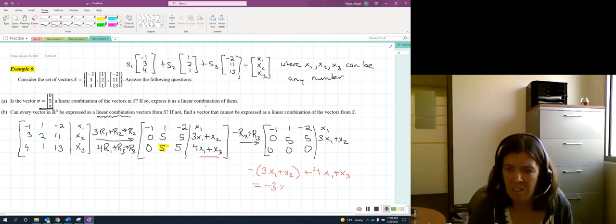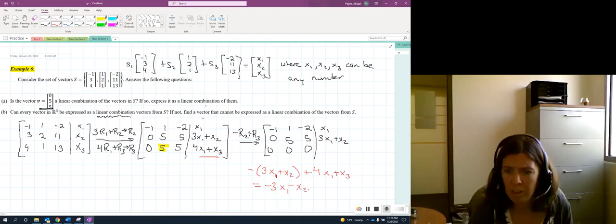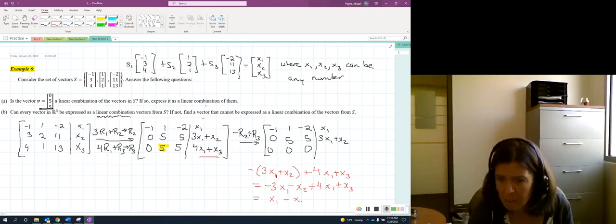So that's -3x1. I know my 1 got a little sloppy here. That's a 1. Oops, I'm distributing the negative. So this should be minus x2, minus x2 plus 4x1 plus x3. If we combine like terms, -3x1 plus 4x1 would give us positive 1x1 minus x2 plus x3. So that's what needs to go right here: x1 minus x2 plus x3.